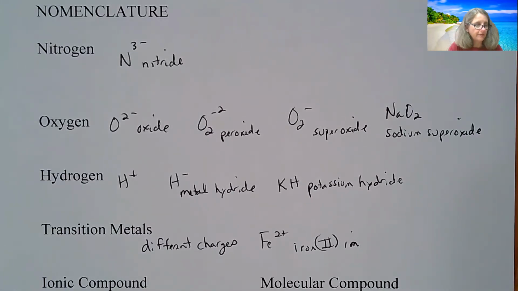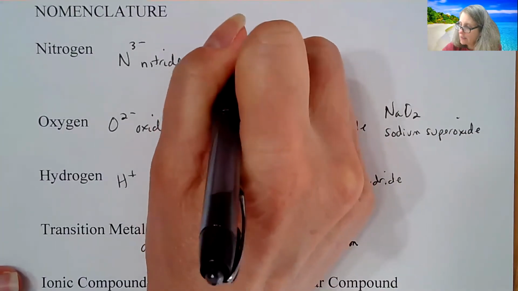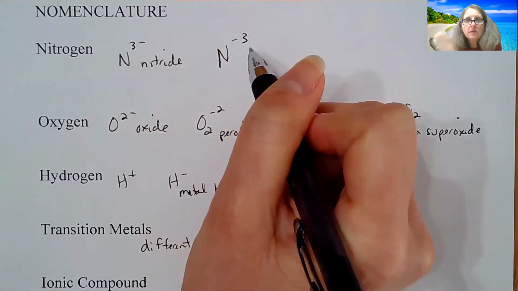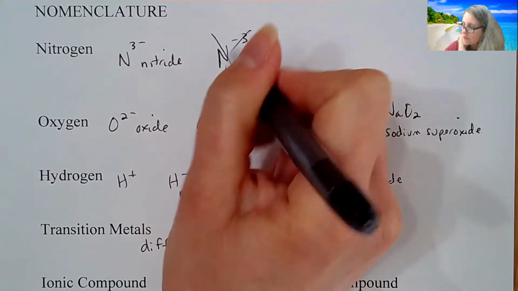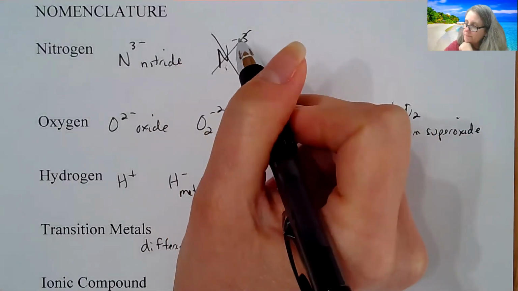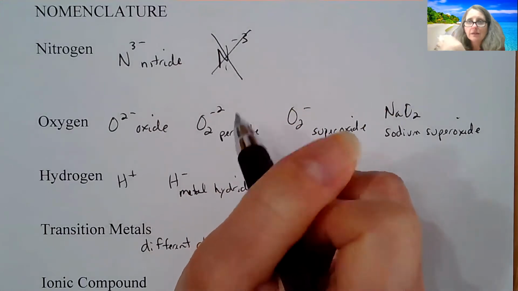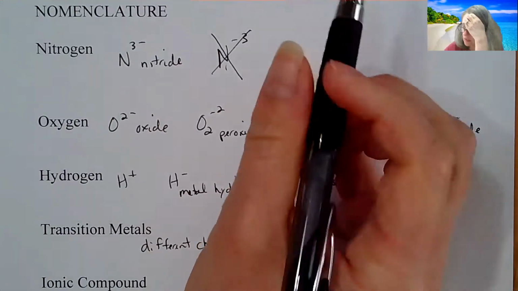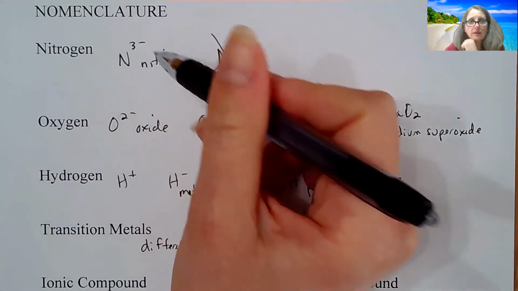Nitrogen is going to be a -3 charge, as I showed you on the periodic table. Realize that I sometimes write the negative or the charge in front of the number. That's because when I went to college, back when dinosaurs were on the earth, that's how we used to do it. So if you see me do that occasionally, I apologize. It's just I sometimes naturally go with what I learned. So you usually write the number and then the charge.